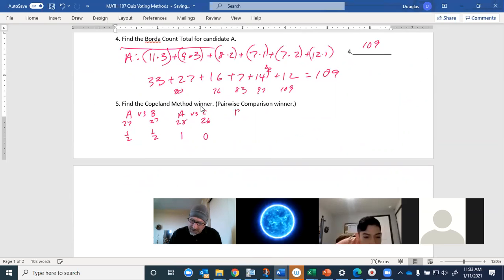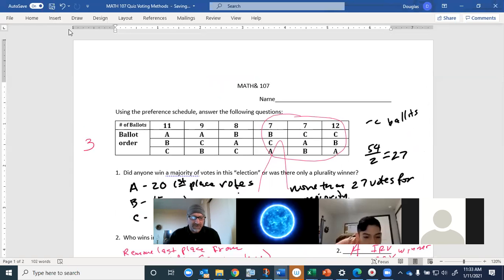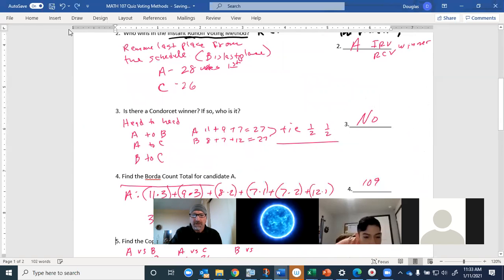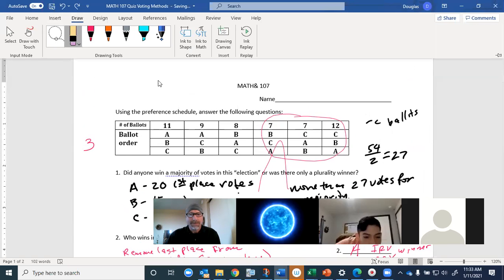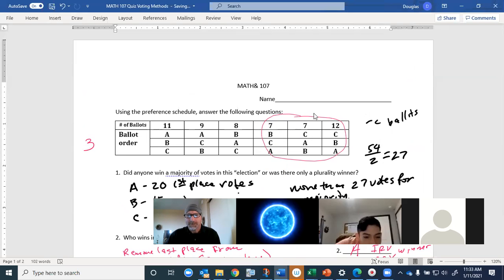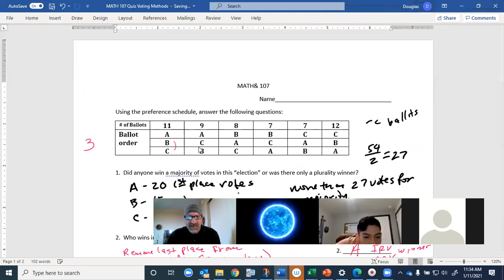And now we have to do B versus C. So B versus C, we'll have to clear all that. So B versus C. B beats C here, here, here, and that's all.